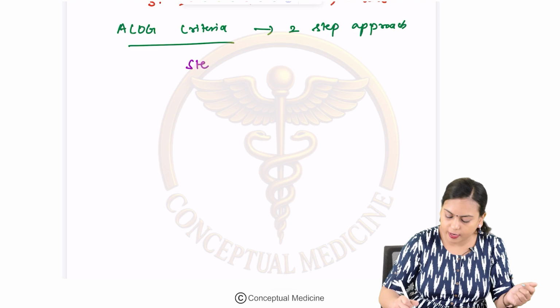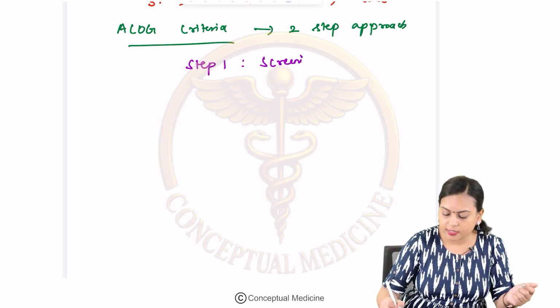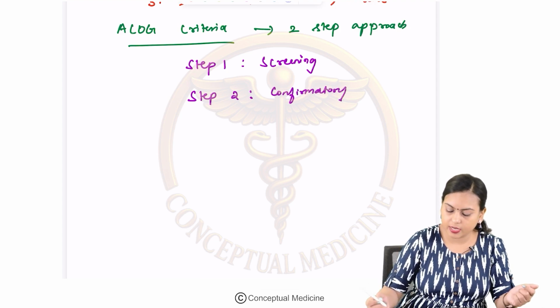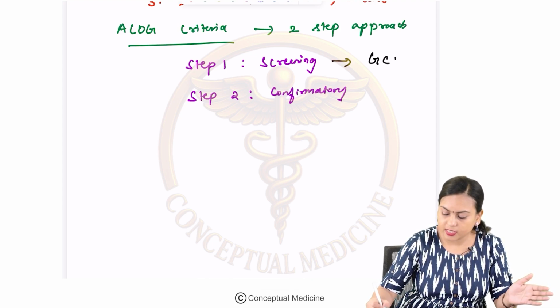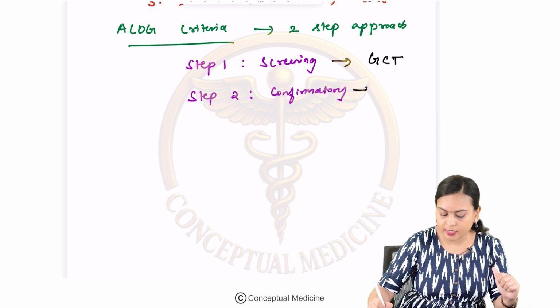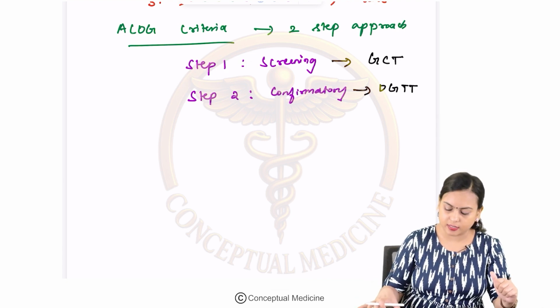So, in step 1, I am going to do a screening, and in step 2, I will be doing a confirmatory test. If you ask me what these tests are, the screening test is GCT, that is glucose challenge test, whereas the confirmatory test is OGTT, oral glucose tolerance test.